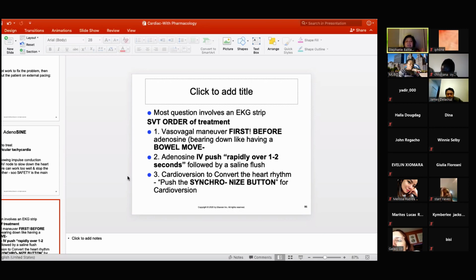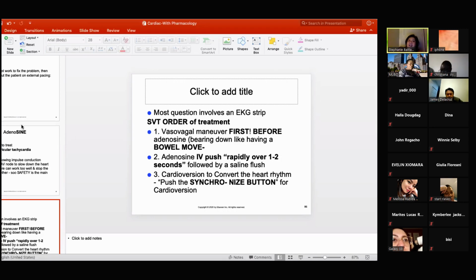It's kind of like you're bearing down, like you're having a bowel movement. Tell them to bear down first. By doing that, you're trying to stimulate your vagus nerve. When the vagus nerve is stimulated, naturally, it slows down the heart rate. That's what the vagus nerve does too.